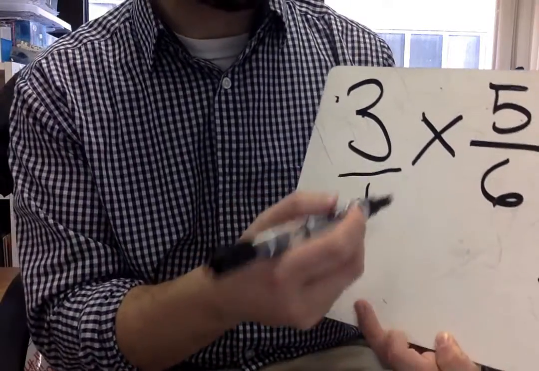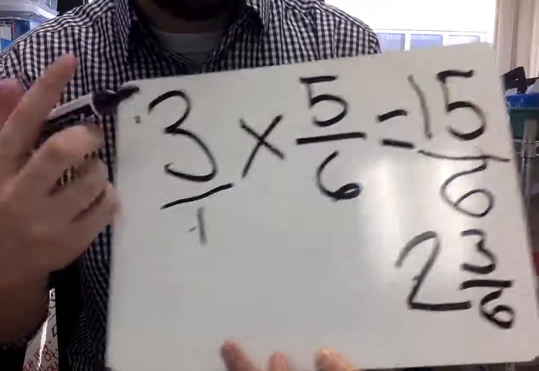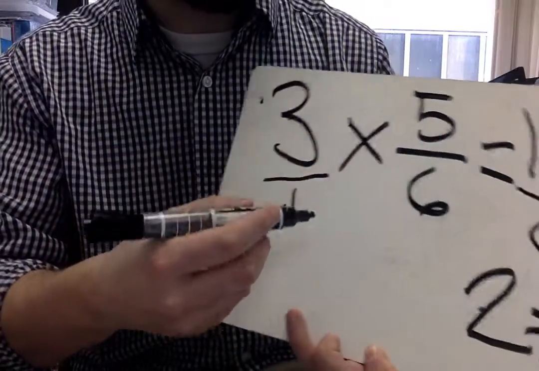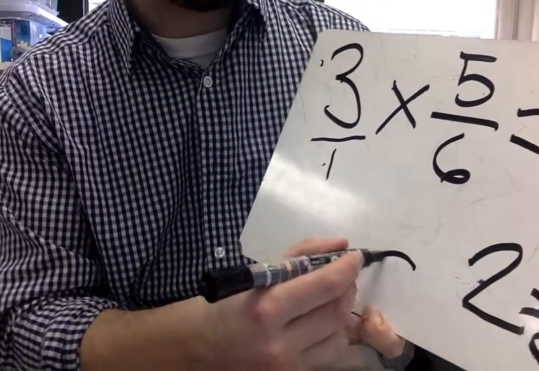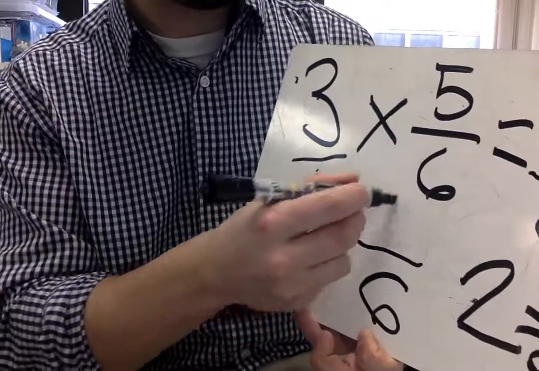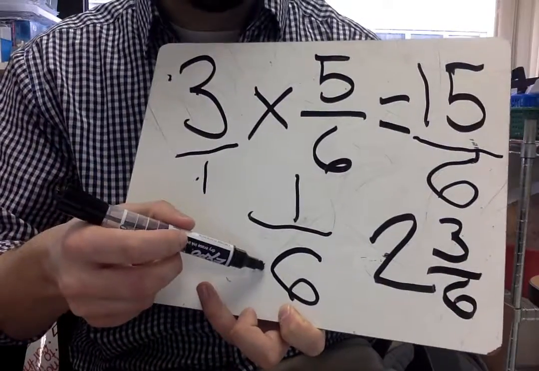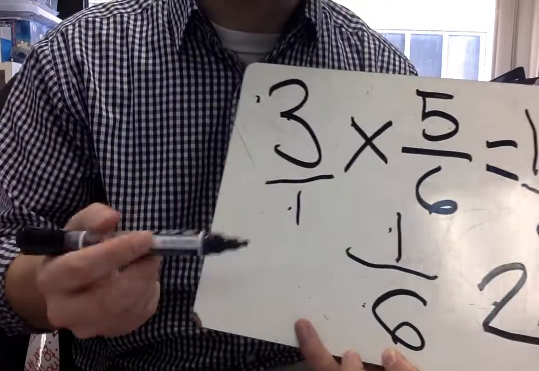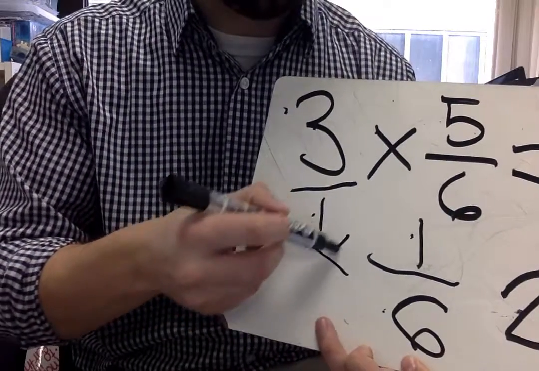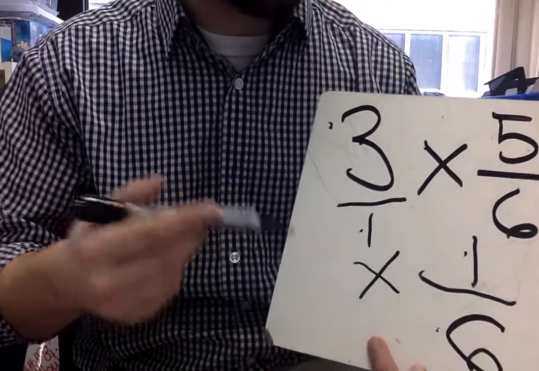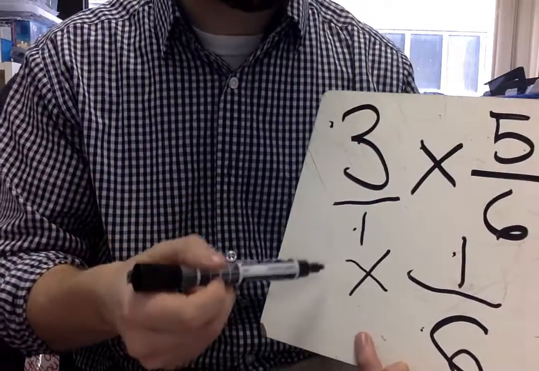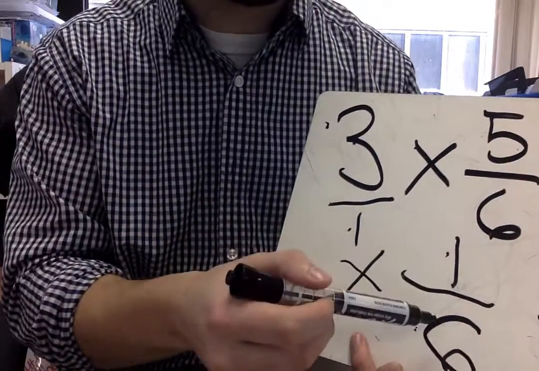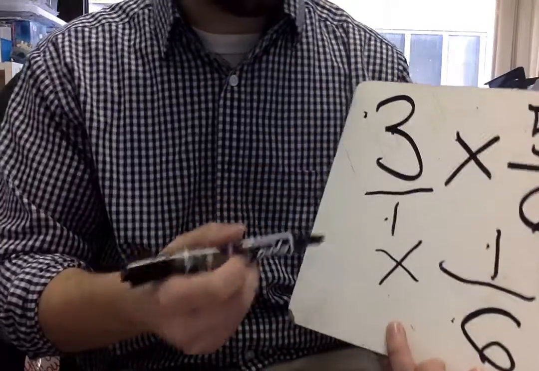I'm going to find an equation in unit form that matches 3 multiplied by 5/6. I know in unit form my fraction has to be 1/6 because my units, my denominator, are not going to change. And if it's unit form, my numerator is 1. So I have to think, what can I multiply 1/6 by to make 15/6?